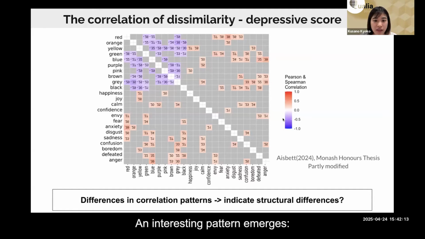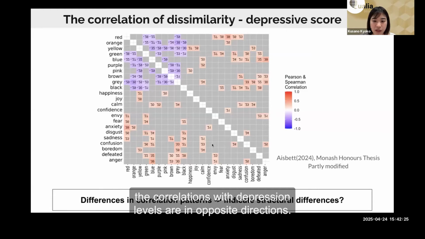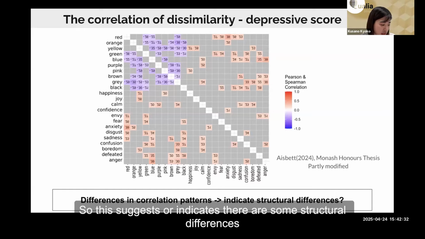Red and blue indicate opposite tendencies. An interesting pattern emerges for combinations of color-related words versus other colors and emotions. The correlations with depression levels are in opposite directions. So this suggests there are some structural differences.